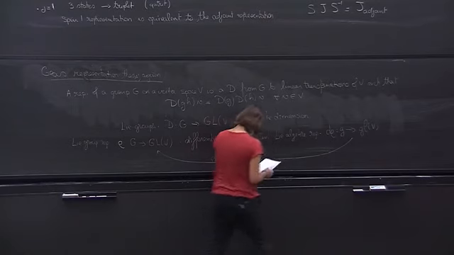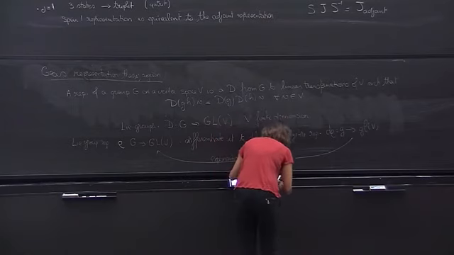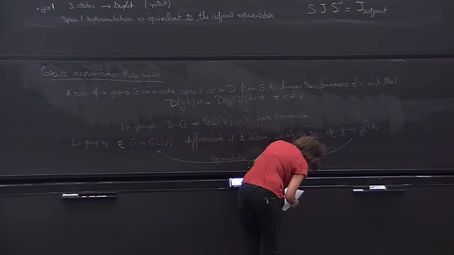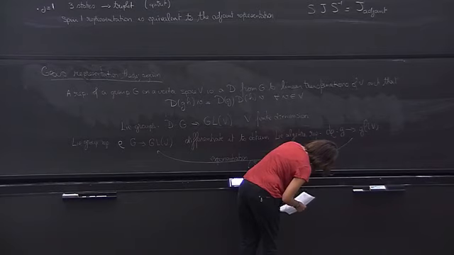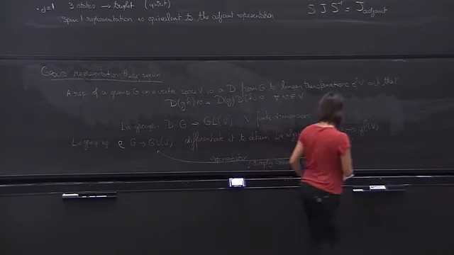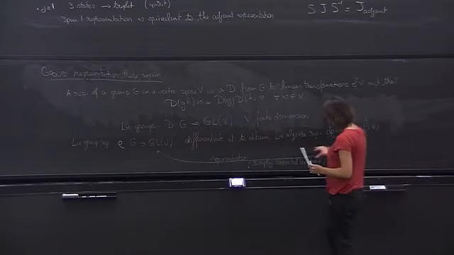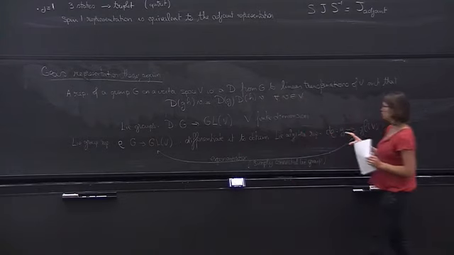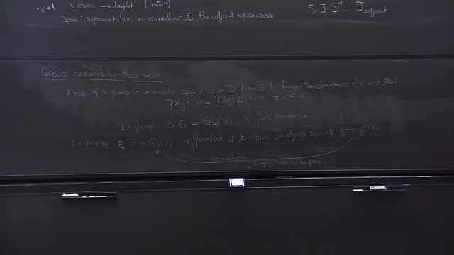In the case where your group is not simply connected, you can always act with the exponential map, but usually you won't have access to all your representations.